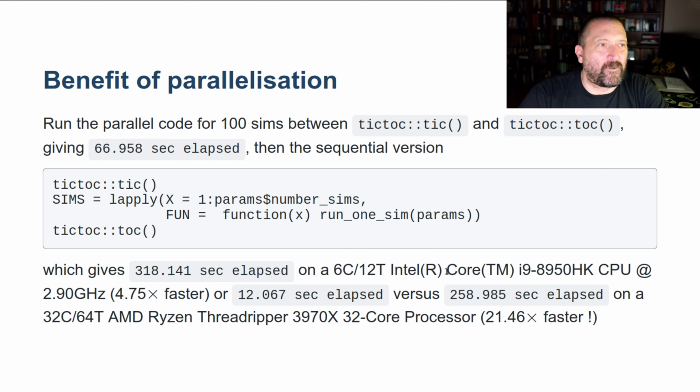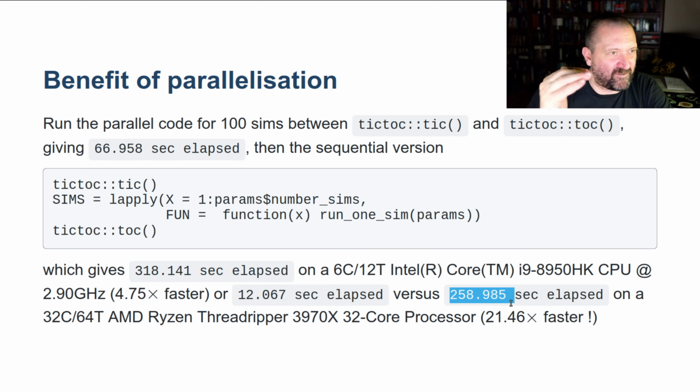If I run it on one of my faster, more beefy machines, so for instance, a Threadripper with 32 cores and 64 threads, then it takes 12 seconds instead of 258 seconds in sequential.